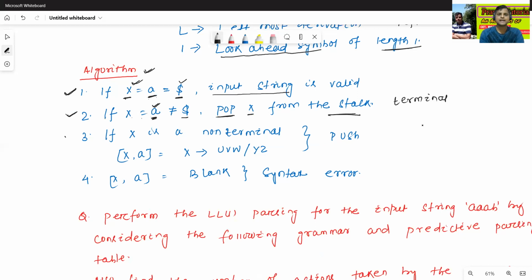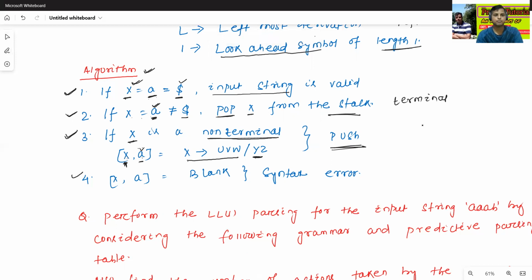What is the third step? If x is a non-terminal, then on the respective terminal a, if some productions exist like X to UVW or X to YZ, then push the production.